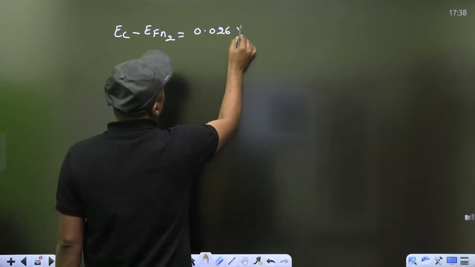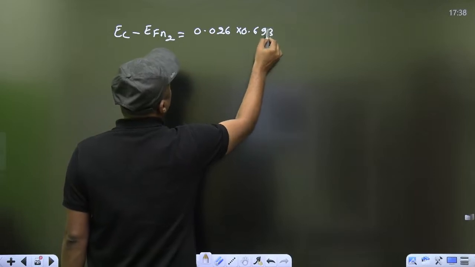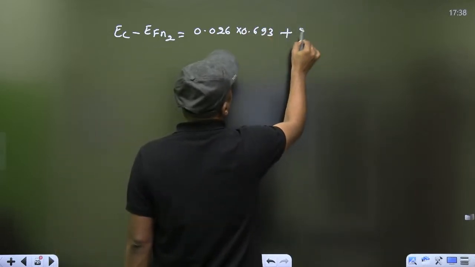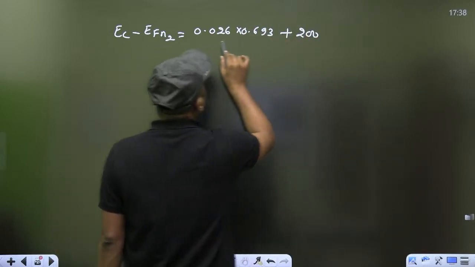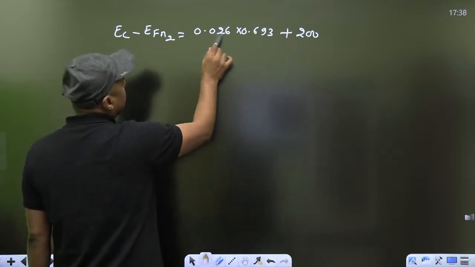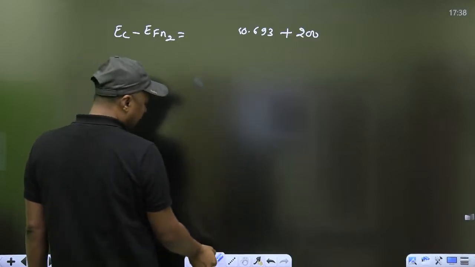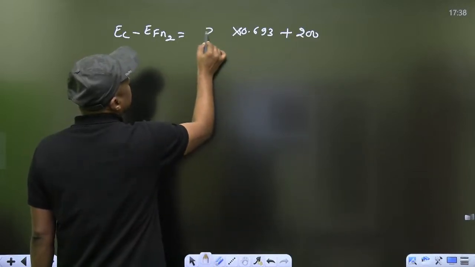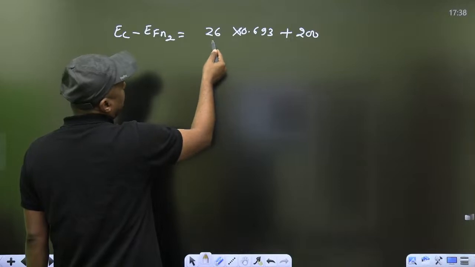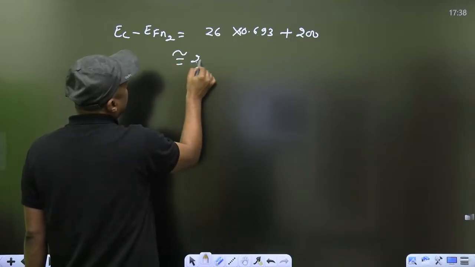Then it will become EC minus EFN2 is equal to 0.026 log 2, which is 0.693. Multiply it plus what? 200. Remember, it is in volt. Convert it into millivolt, means here you can use the direct 26 millivolt. Guys, definitely no need to calculate it. 26 is less than this, and 200 means it is nearly equal to 218.